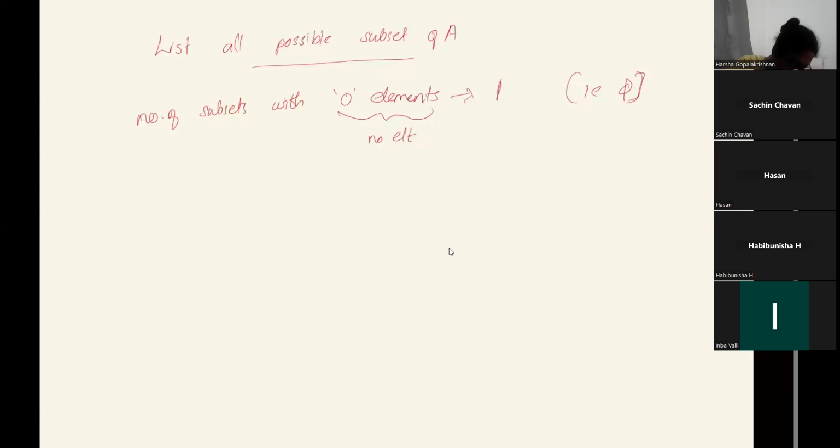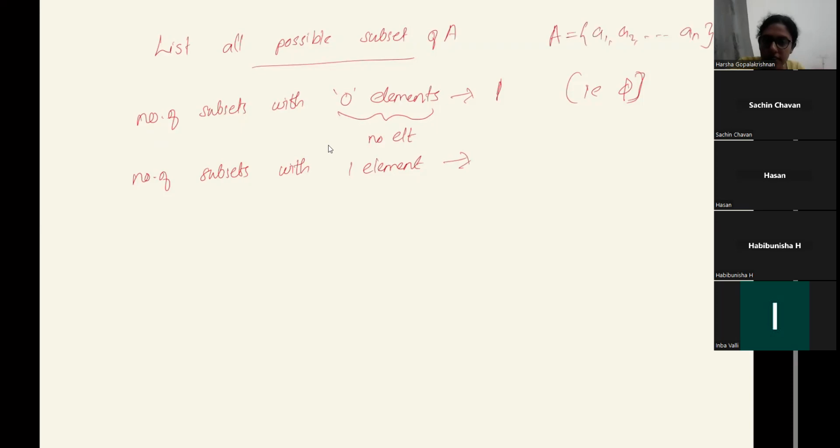Now I am listing the number of subsets with one element. A is the set a1, a2, up to an. My question is, how many subsets are there with one element?